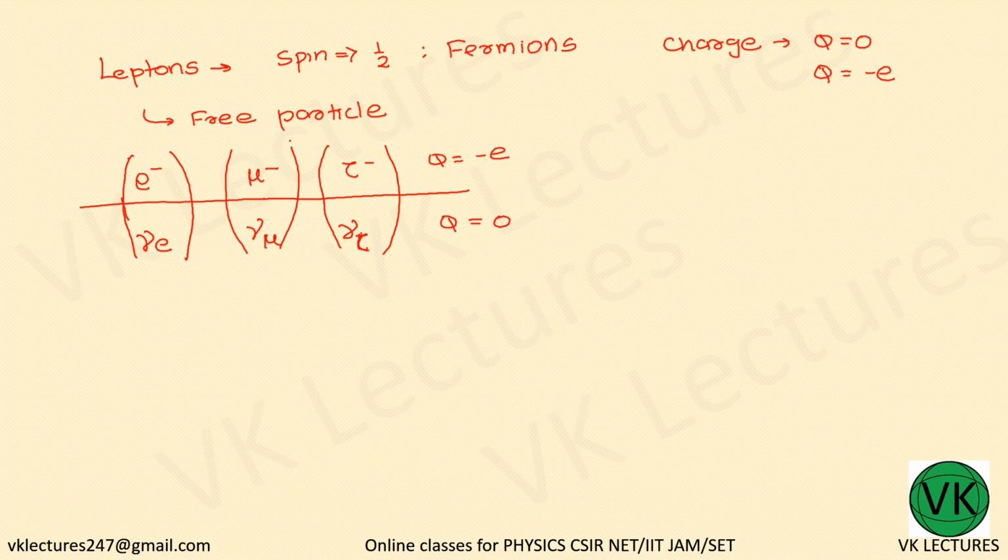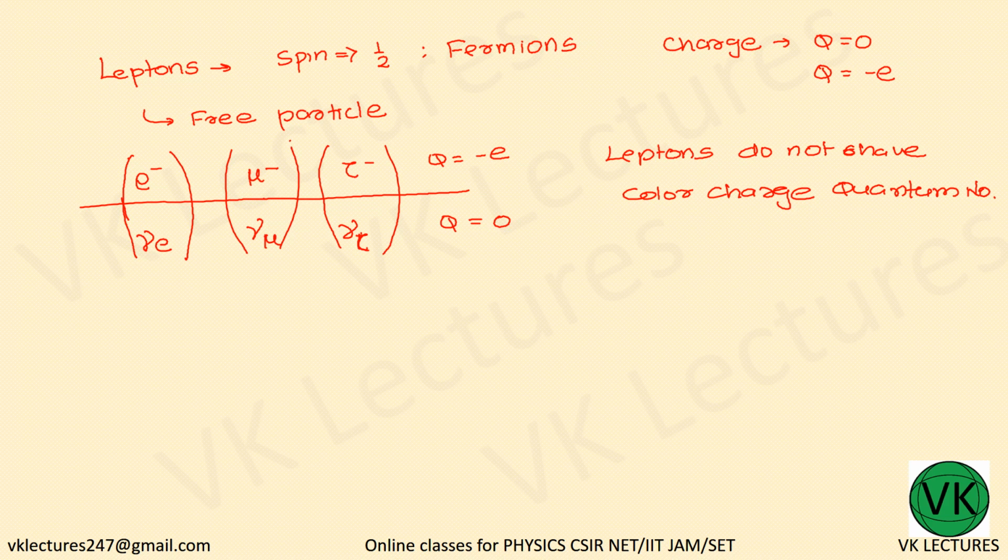And one thing you have to remember here: leptons do not have the color charge quantum number. Because they exist as single particles, they cannot be further divided into other particles. This is the most elementary particle existing.